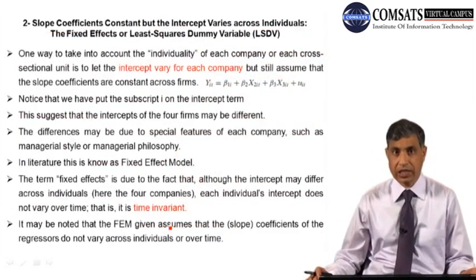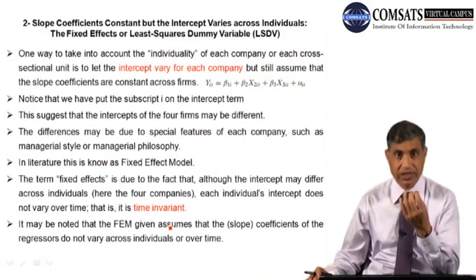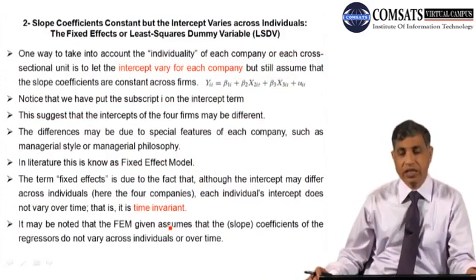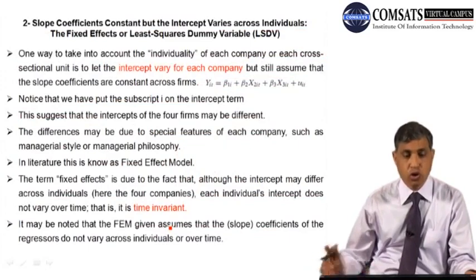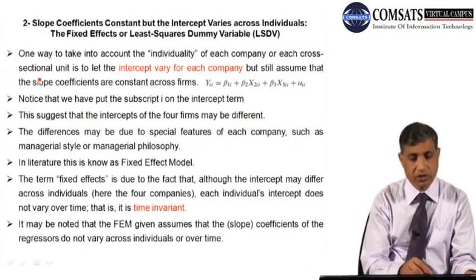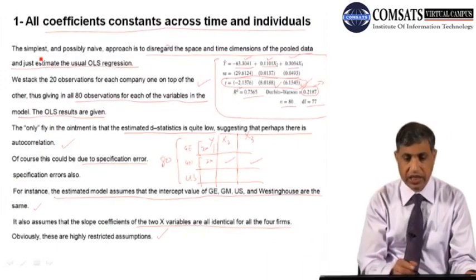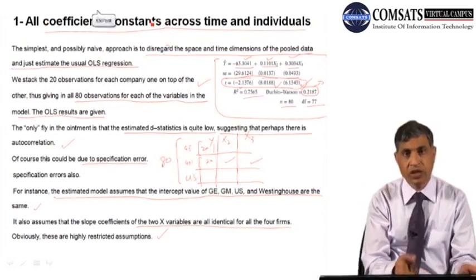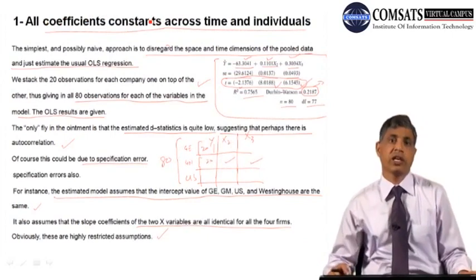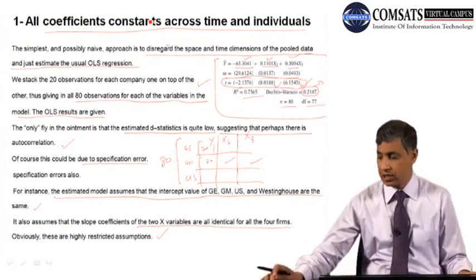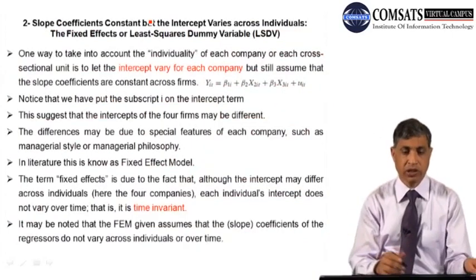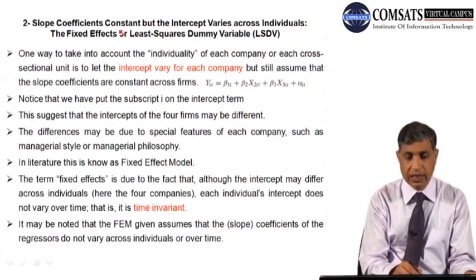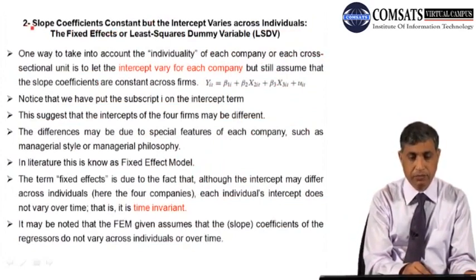So if these are critical assumptions, you will have to give some flexibility. Now what is the flexibility? Go back to the second portion: here was all coefficients, now you are bifurcating all coefficients into intercept and slope coefficients.